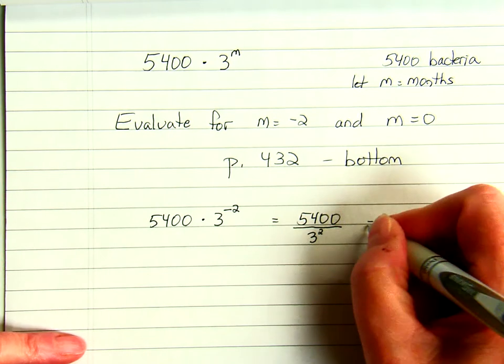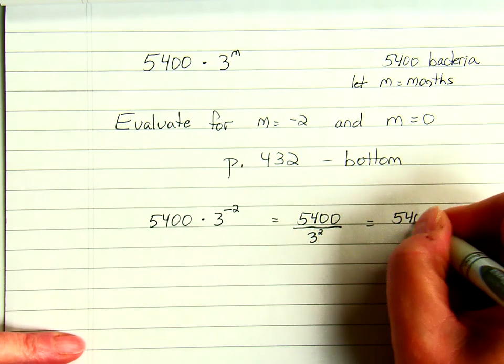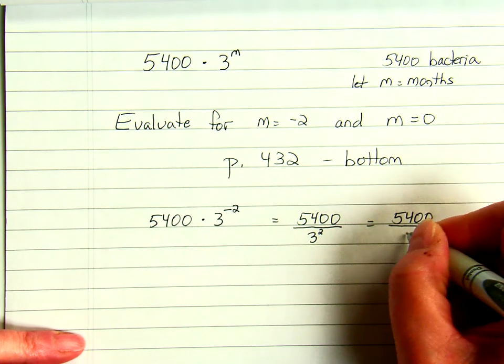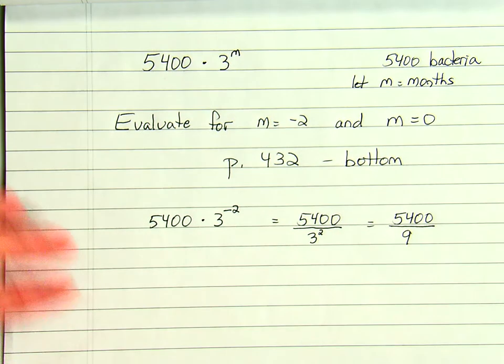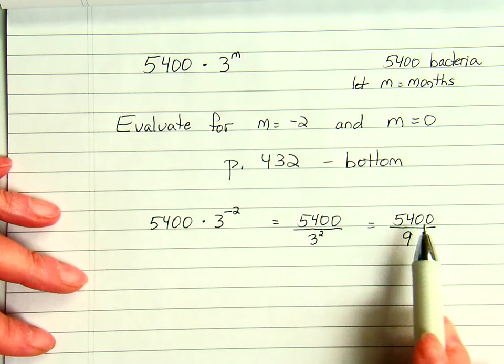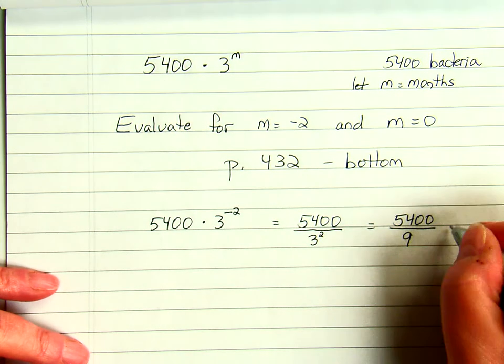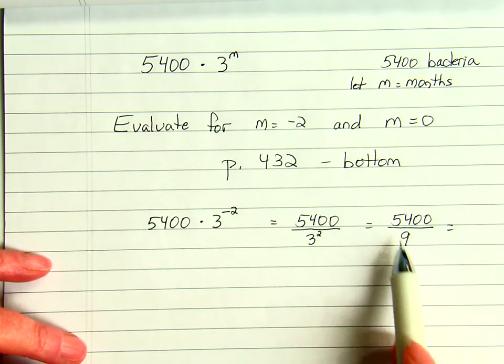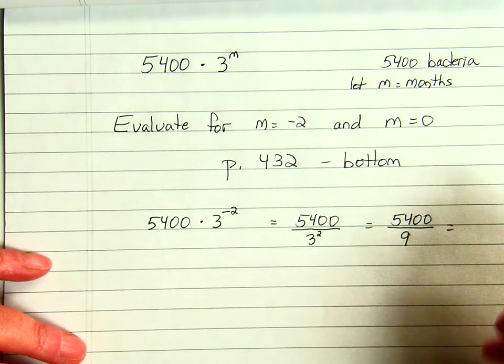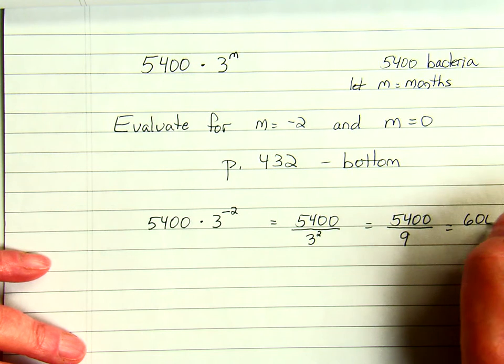So we have 5,400 divided by this 9. If we just look at it without these zeros, we know that 54 divided by 9 is going to be 6. 6 times 9 is 54. So when I simplify this, 5,400 divided by 9 is 600.